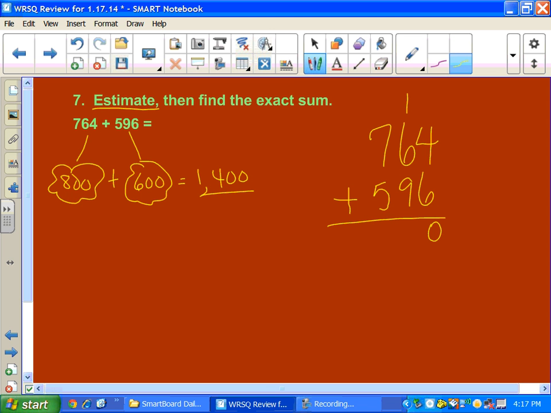I can see automatically that 9 and 1 makes 10, and 6 makes 16 tens. Well, 16 tens makes 100, because 10 tens makes 100, and that leaves 6 tens in the tens place. So now I have 700s, 500s, and 100s, and together that's 1,300. So if I look, 1,360 is my exact, and it is close to my estimate.